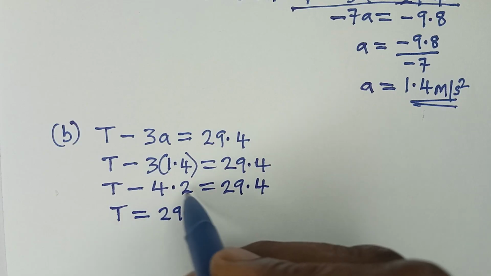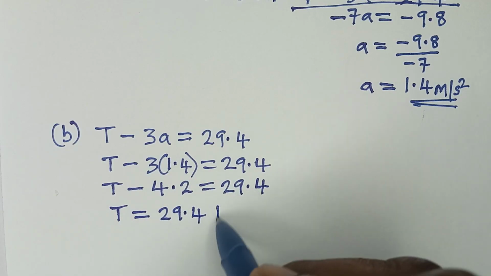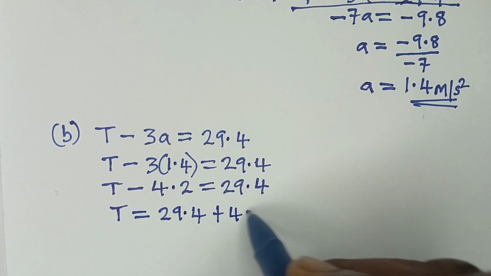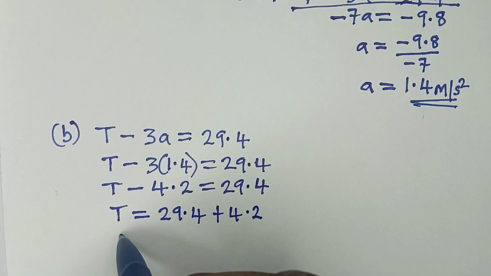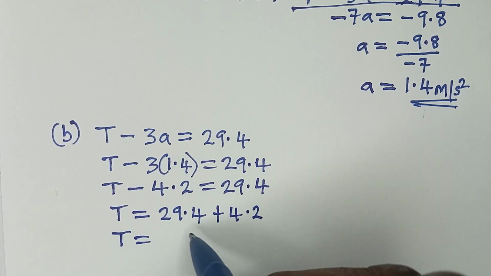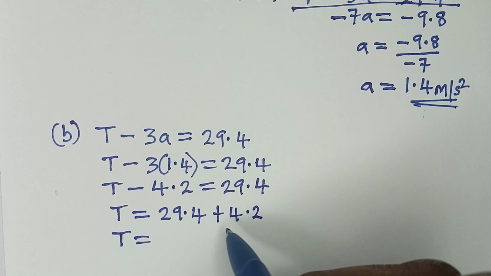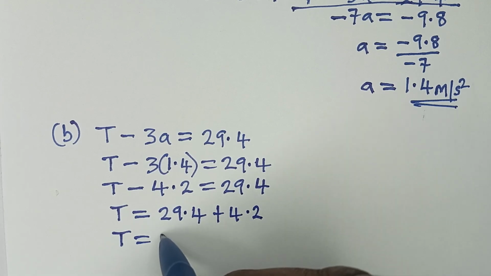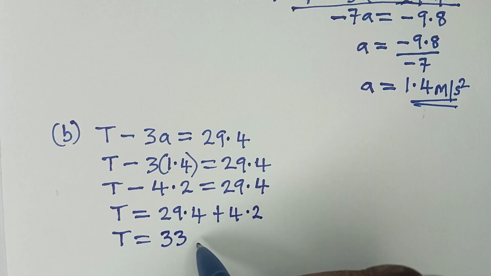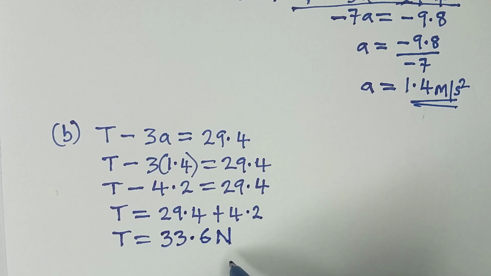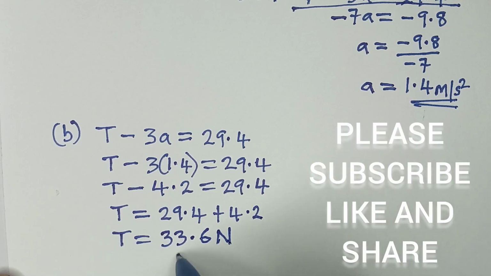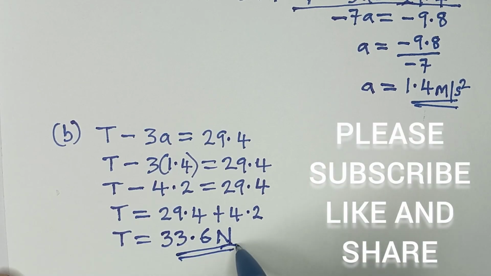When this negative 4.2 comes to this side, it becomes positive 4.2. And then finally, I can have T is equal to 29.4 added to 4.2, which is equal to 33.6 Newton. Don't forget, tension is a force, so Newton. So that gives us the final answer.